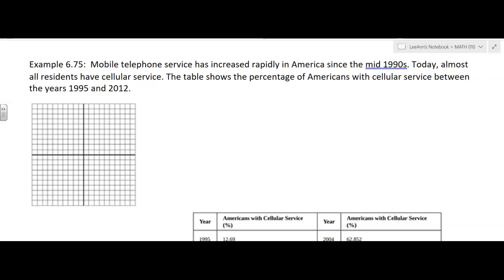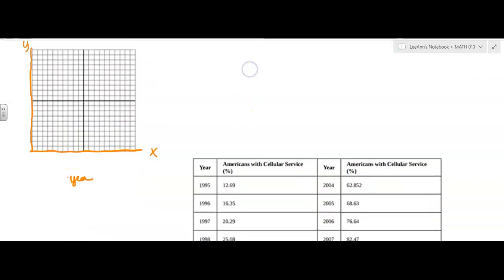Well, what I'm going to do, I have this little grid so we could get a little bit better graph here. There's so many points. But I want my x-axis to be here and my y-axis to be here like that. And this is going to represent the year. And we're going to make 1995 year 0.